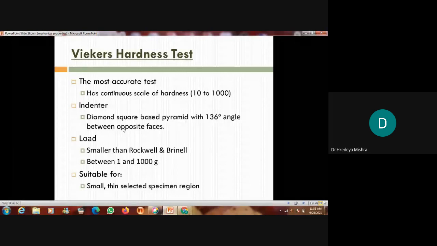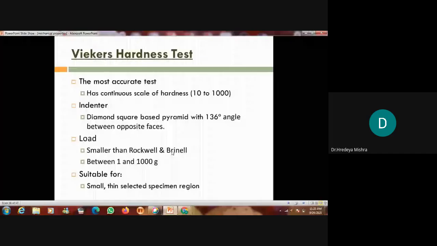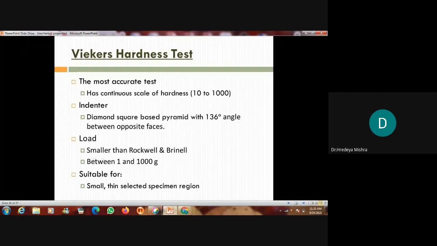We can apply less load in comparison to Rockwell and Brinell. The range is 1 to 1000 gram, not kg, meaning 1 gram to 1 kg only.